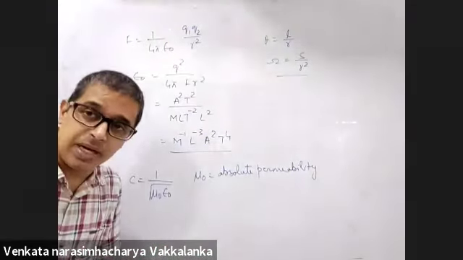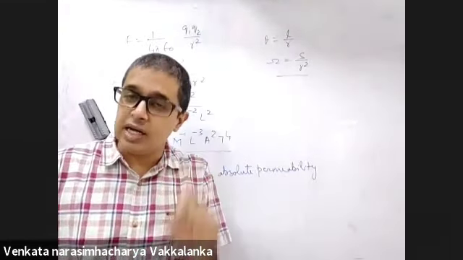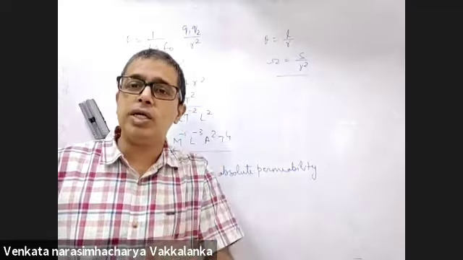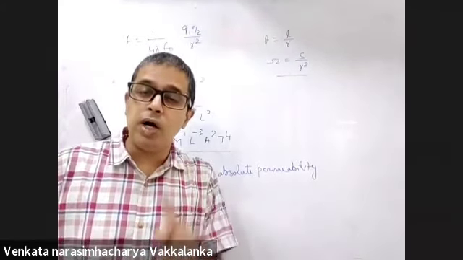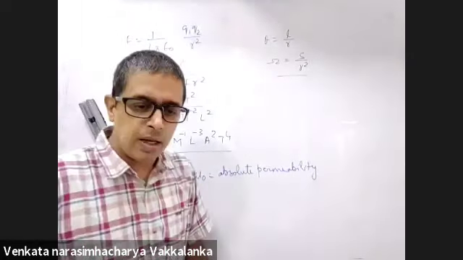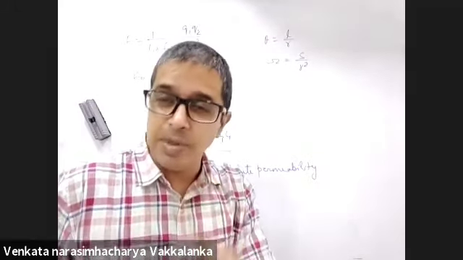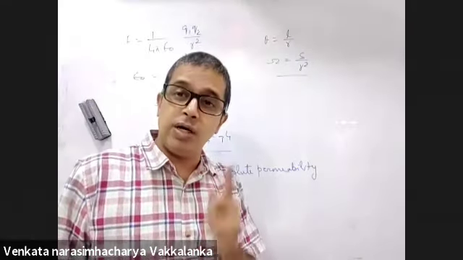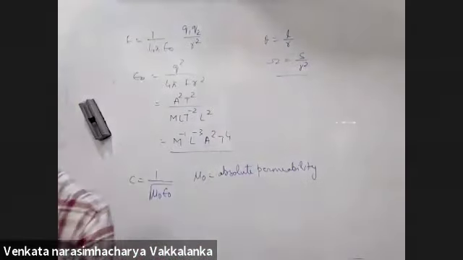Just as 1 by 4 pi epsilon naught is a constant in electrostatics, mu naught by 4 pi is a constant in magnetostatics. Epsilon naught tells me how good a dielectric material the material is. Mu naught will tell me how good a paramagnetic material the material is.